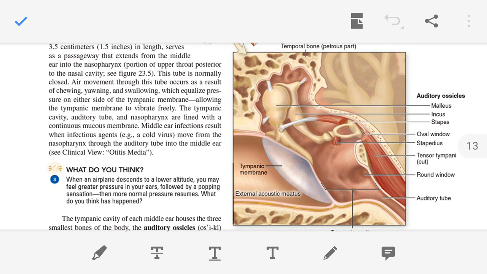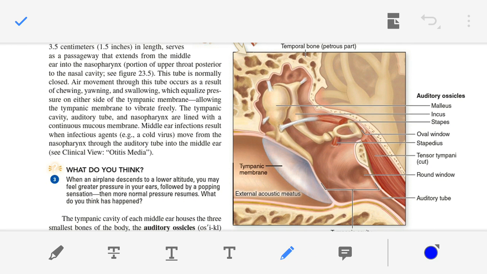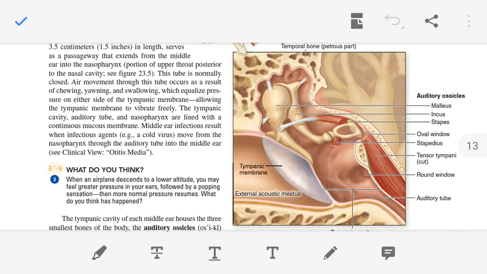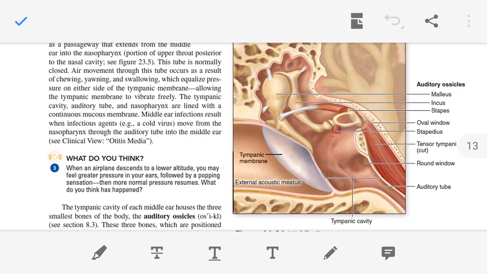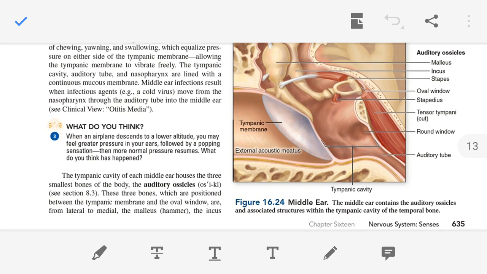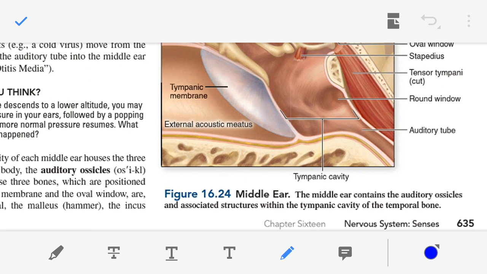Here you can see this one is the bony wall, and this bony wall separates the middle ear from the inner ear. In this bony wall there are the round window and oval window. Both the windows are present in the wall, and this is the mucous membrane inside.